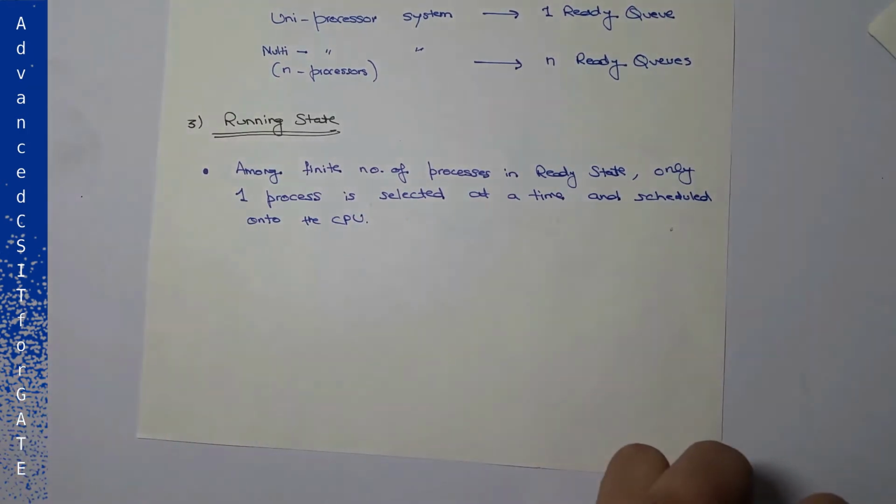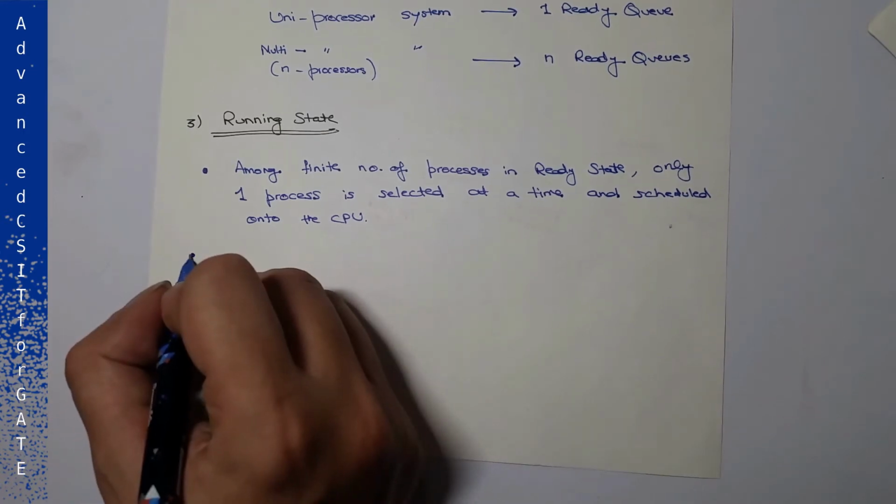This is done by the scheduler. As I said before, there can only be one process in the running state, that will be selected by the scheduler and sent on to the CPU one at a time.